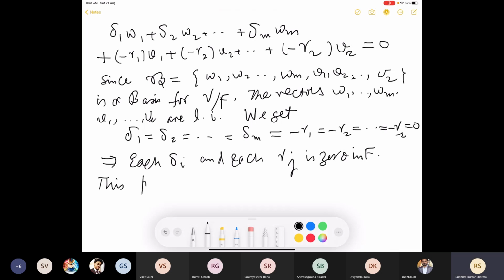This proves that in particular these V1, V2, VR are such vectors that their cosets are linearly independent.